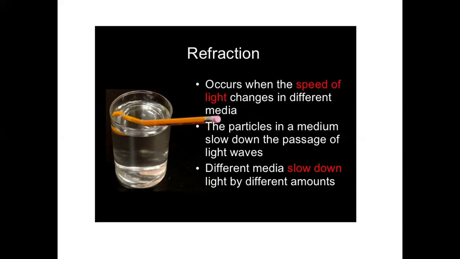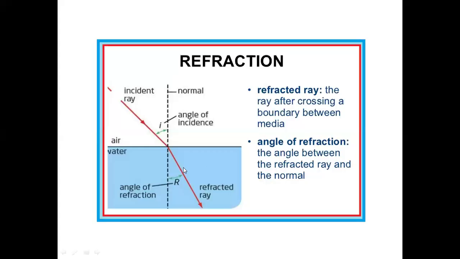When it goes from rarer to denser medium, it bends towards the normal, as shown here. This is the incident ray and this is the refracted ray. The normal is a line drawn at the point of incidence, where the ray strikes the boundary of the second medium. So the normal is drawn at 90 degrees to the surface at the point of incidence.